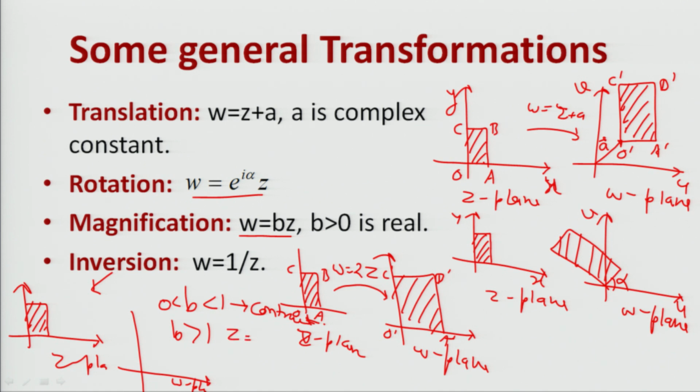Actually z is equal to mod z e to the power iota theta, if this is defined in the Eulerian form, then omega will be 1 upon mod z e to the power minus iota theta. Then by this transformation you can draw the region in the omega plane, and the region will be in this way, means it rotates by minus theta and you will get this region. So, these are some transformations which we have to remember.